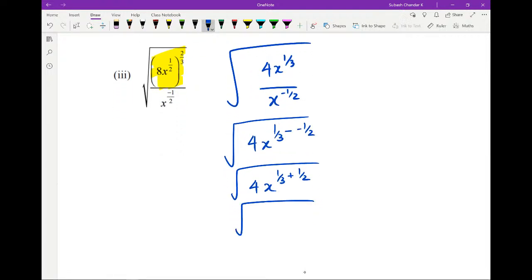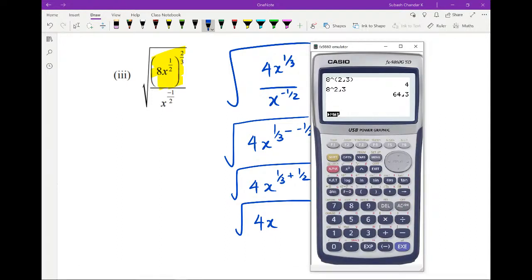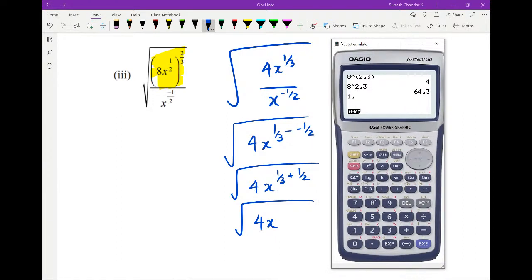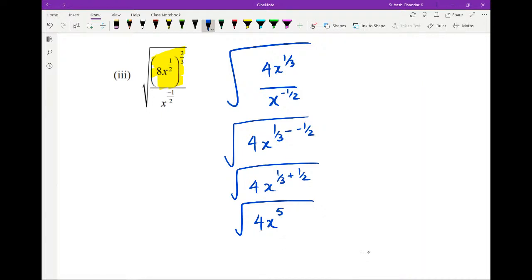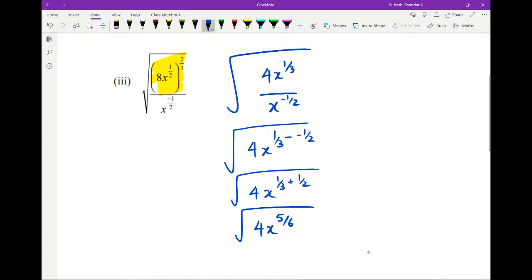And again, don't waste time messing around with fractions, because you do have your calculator. So just go 1/3 plus 1/2, which is 5/6. And then, of course, when you have a square root, it's the same thing as saying 4x to the power of 5/6, all to the power of half.